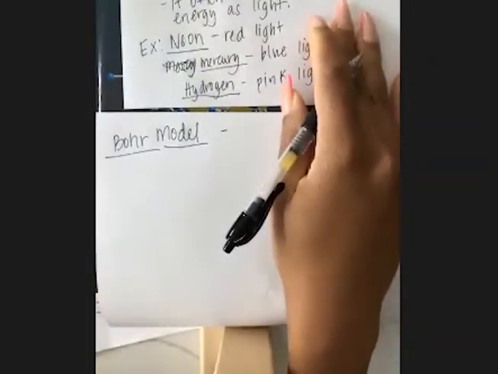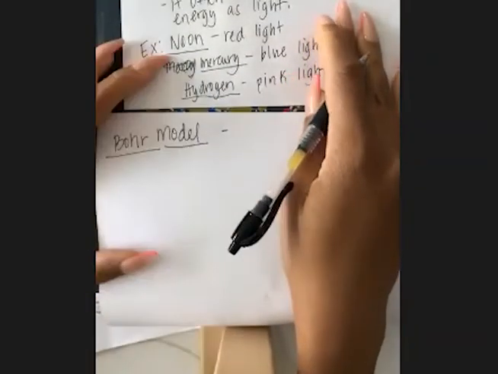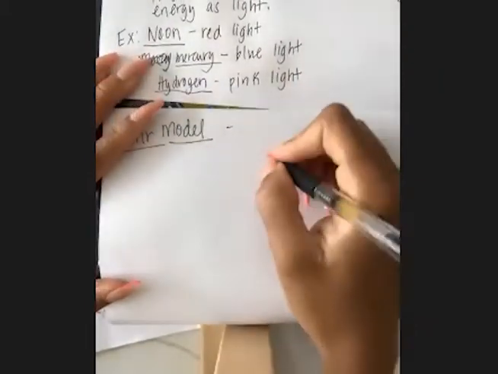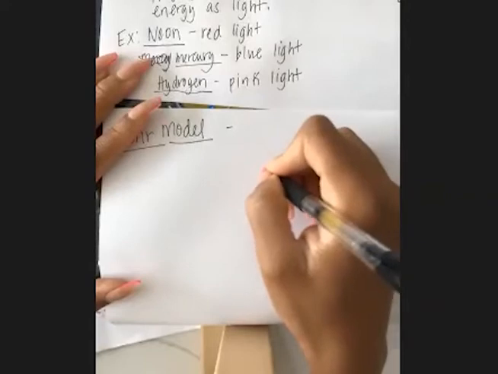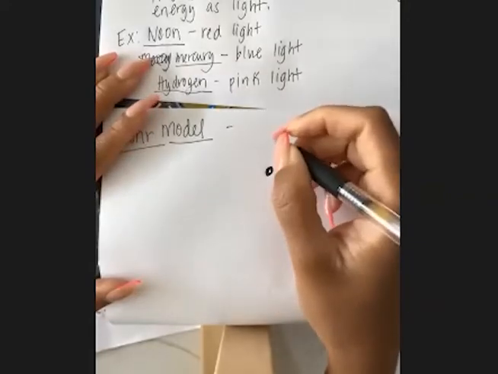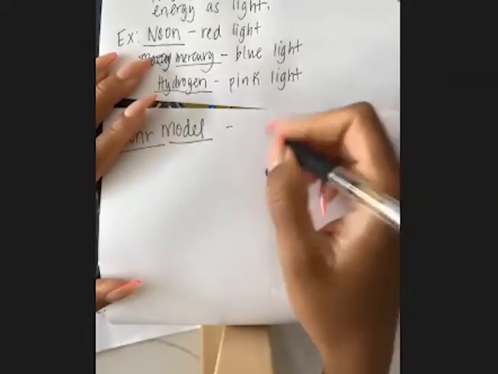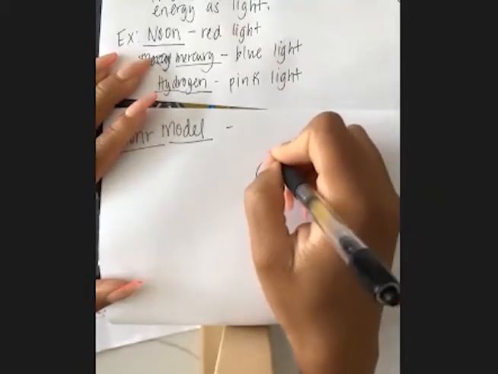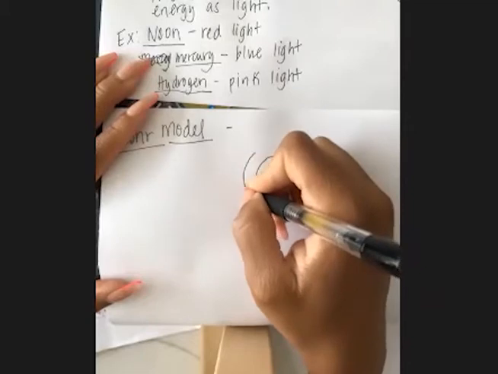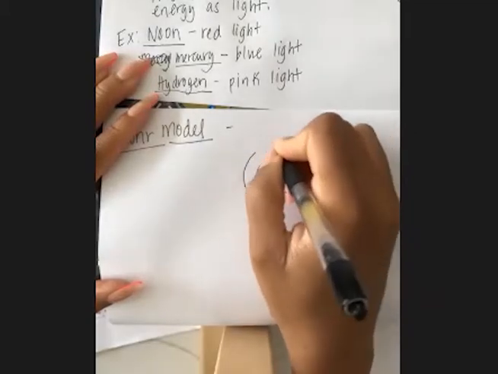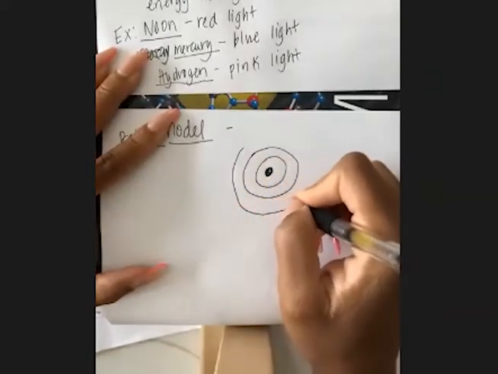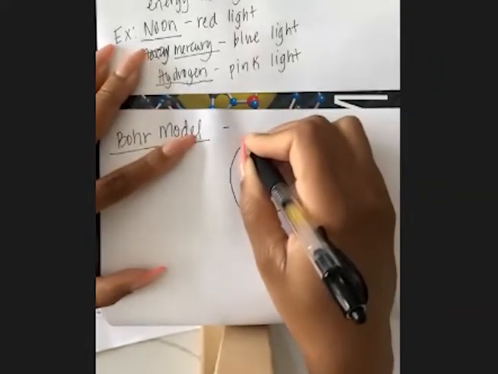All right, so the Bohr model said what really is happening in the atom of any of these elements is that we have this nucleus in the middle, and then outside of the nucleus, we have electrons floating about in orbits, in different orbits, and the different orbits have different amounts of energy.